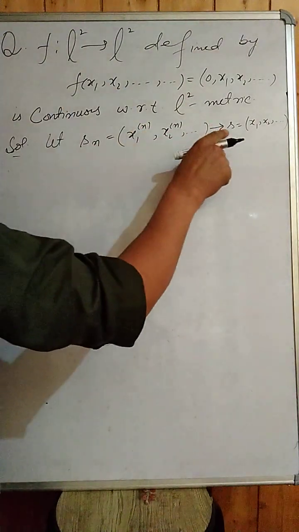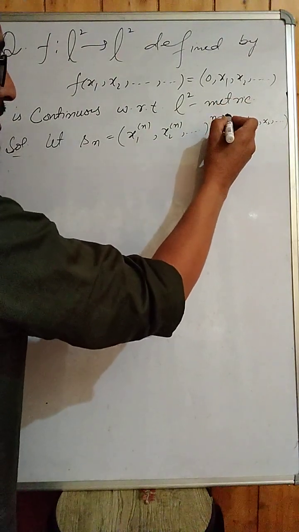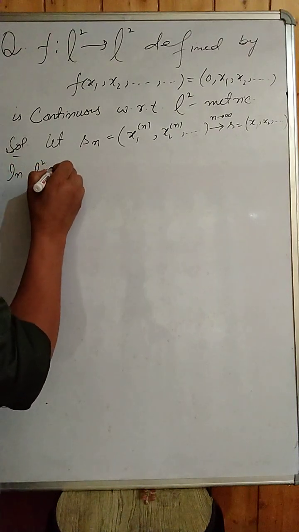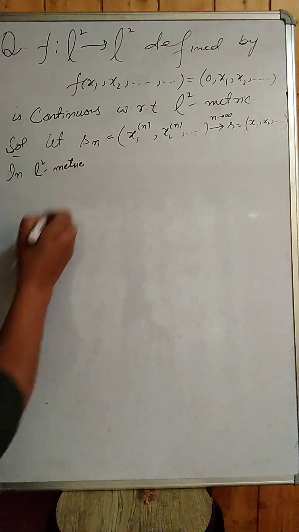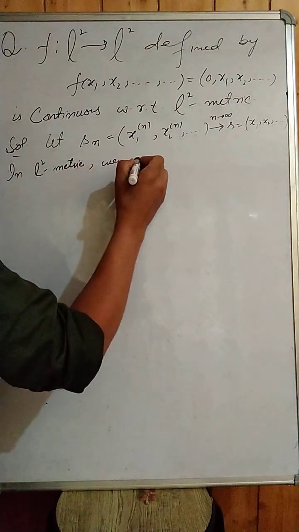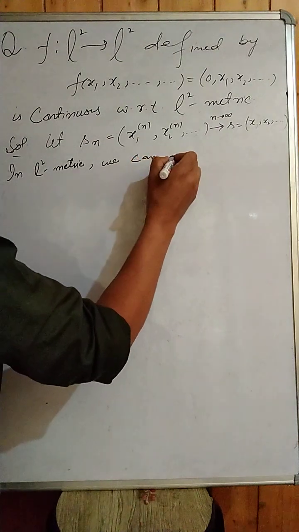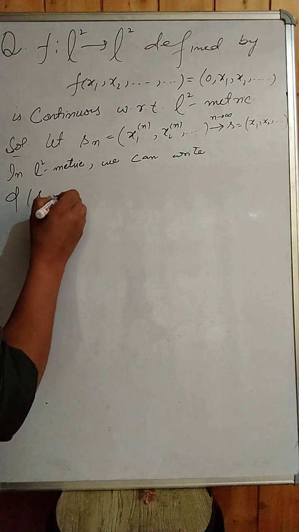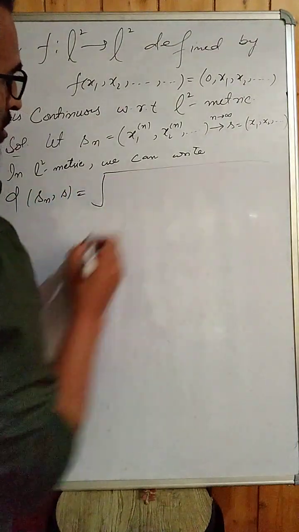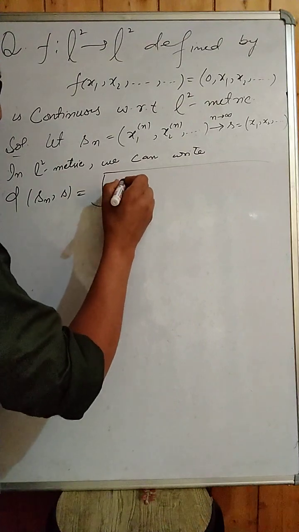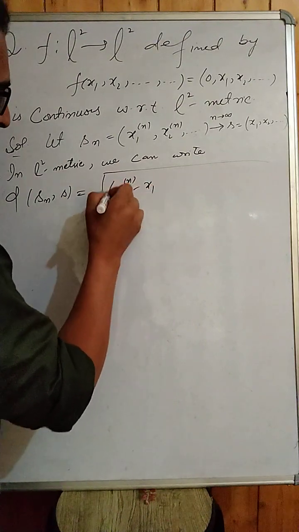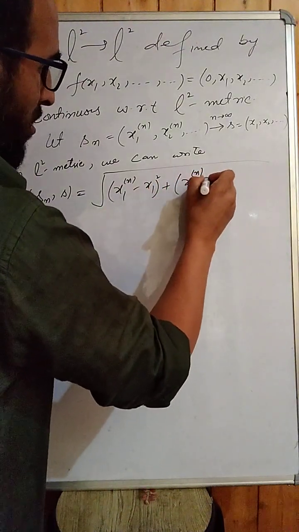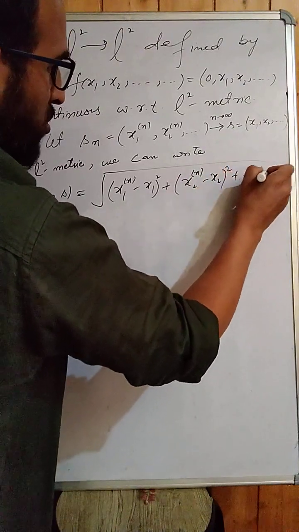Since Sn converges to S as n approaches infinity in the L2 metric, we can write d of Sn, S is equal to the square root of (x1n minus x1) whole square plus (x2n minus x2) whole square plus so on.